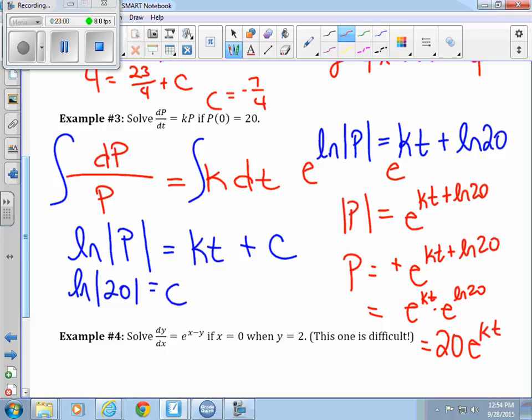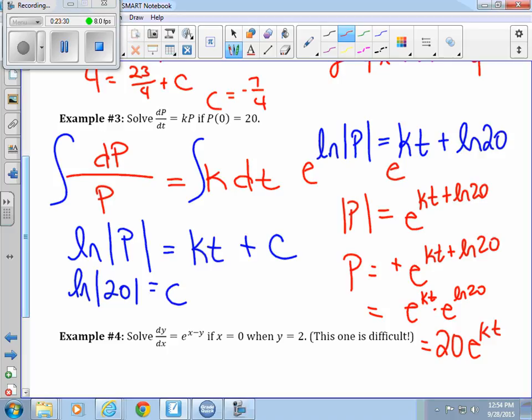This is the perfect formula: 20 e to the kt. In fact, anytime you have a constant times the y value in the differential equation, your solution to that differential equation will be this formula. It will be a continuously compounded growth problem.